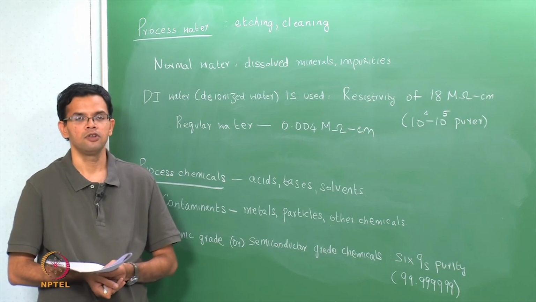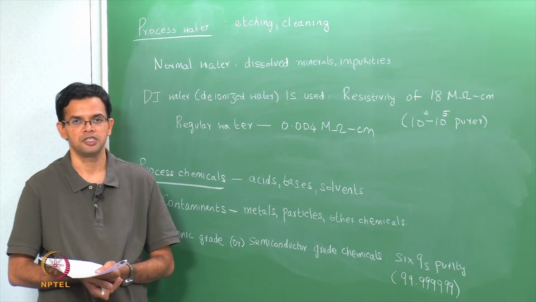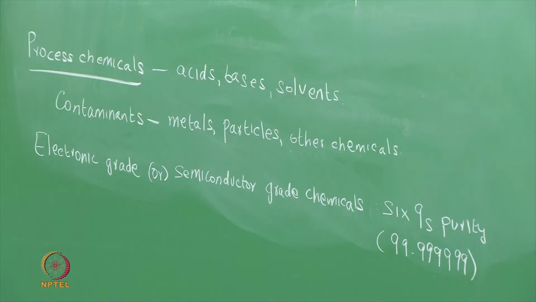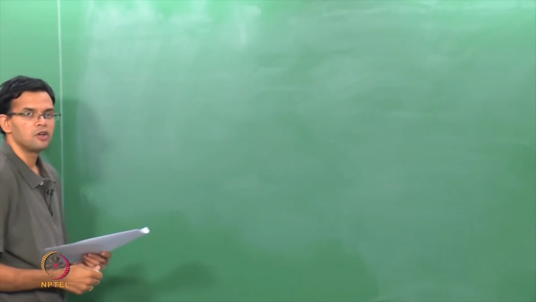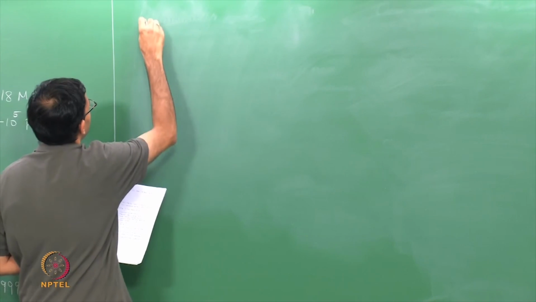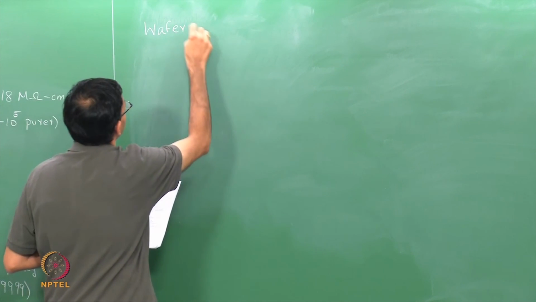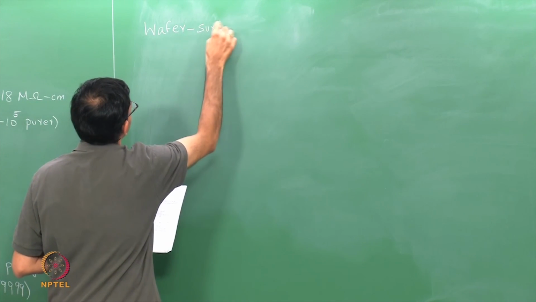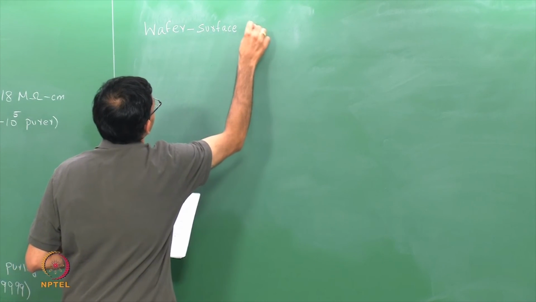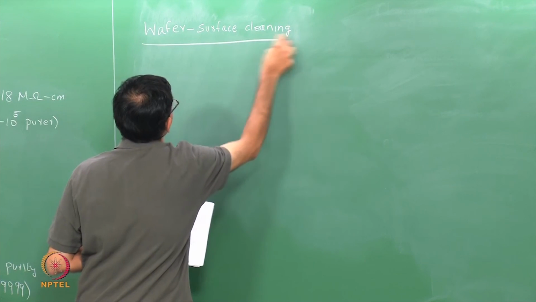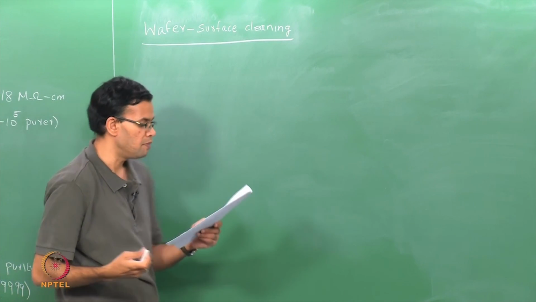So, we also have to look at cleaning of the wafer surface, because this can also be a source of contamination. So, clean wafers are essentially needed for each and every step. So, the wafer surface has to be cleaned at every step. This again makes sure that the contaminants on the surface are essentially minimum.